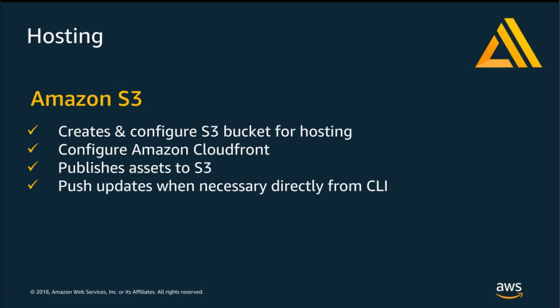If you would like to host your website on Amazon S3 or with AWS in general, it makes it super easy. If you use the CLI, you run, I think, 2 commands, and it'll create and configure the S3 bucket for hosting. It'll push all of your assets, your entire web directory will go and be pushed up to S3, and then you can automatically from there start interacting with it using an HTTP address.